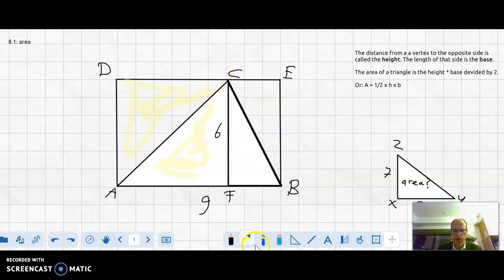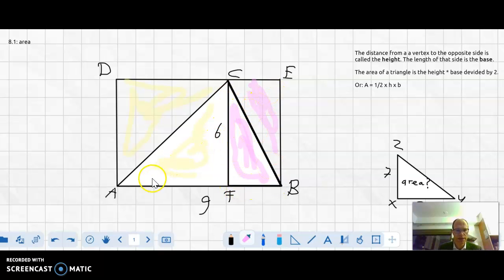And here as well, I can do it with another color, with purple. Okay, there it is. And you can see it as well. I have half the rectangle, so the triangles are half of the whole rectangle.